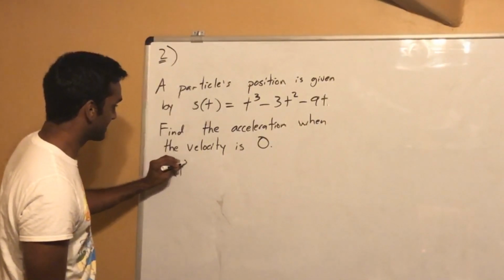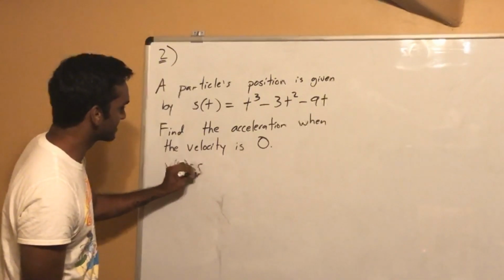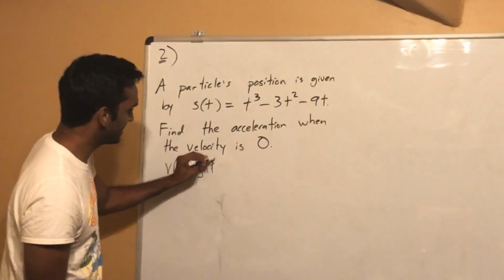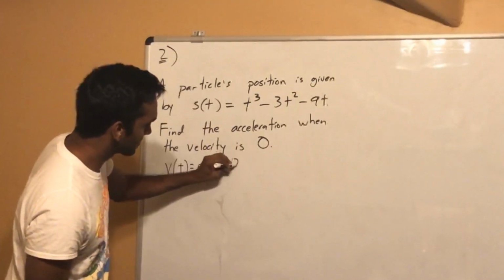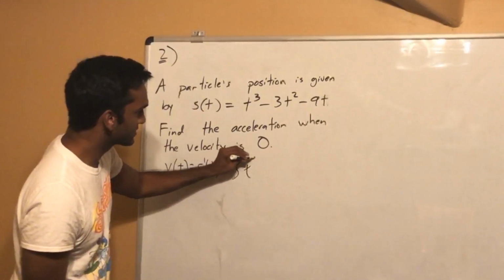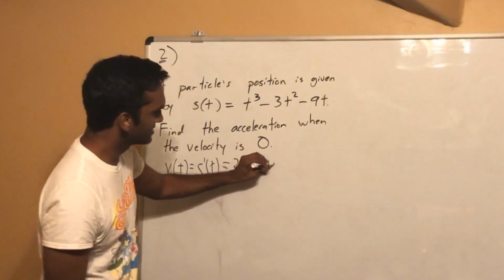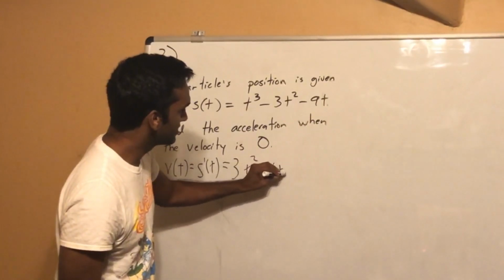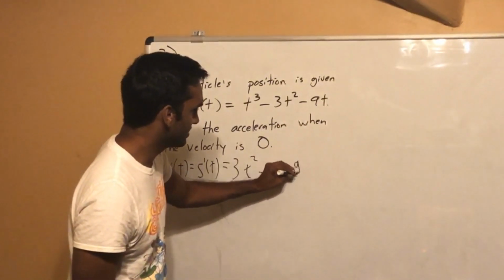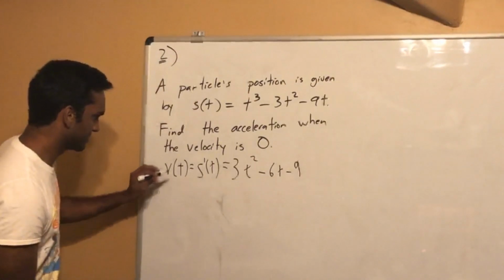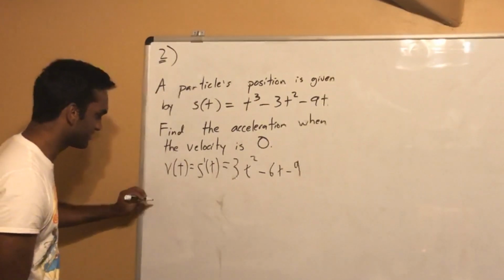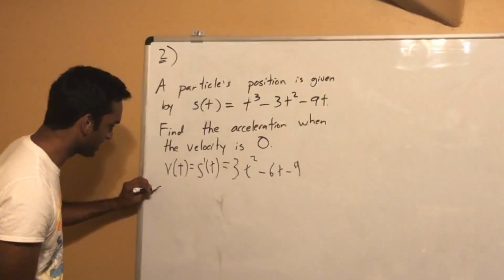First, velocity is the first derivative of s of t, and that will be 3t squared minus 6t minus 9. And I'm going to also just take the derivative of this again to find the acceleration, because I'll need that for later.